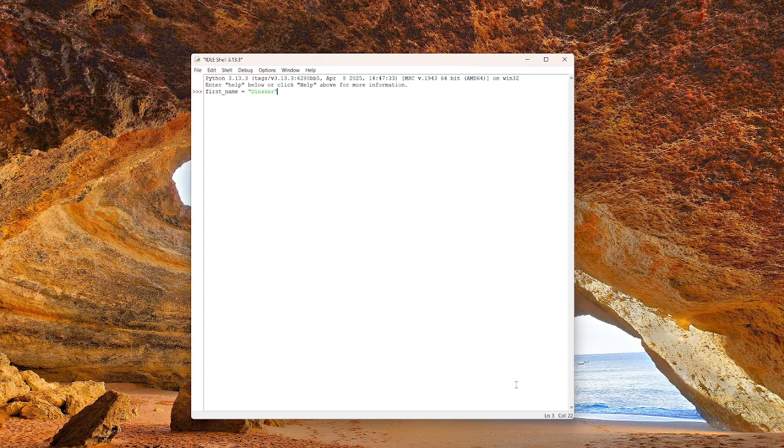And I've given it under double quotes to tell Python that I'm storing a string value in that particular variable. As I hit enter, the Python program takes the string and keeps it in a memory location, and the address of that memory location is given to first name.